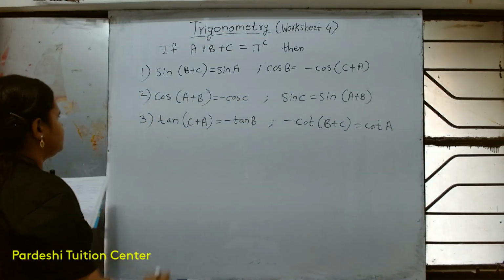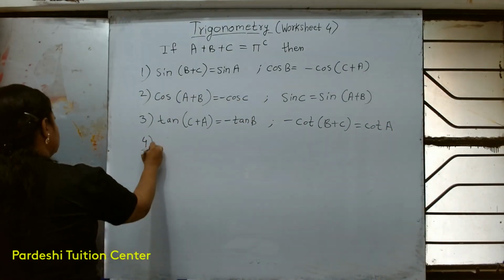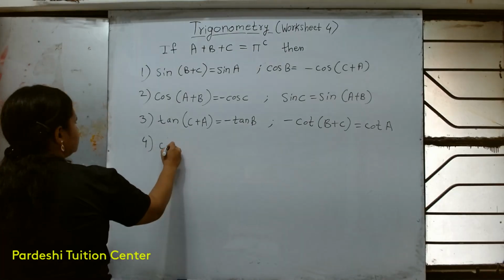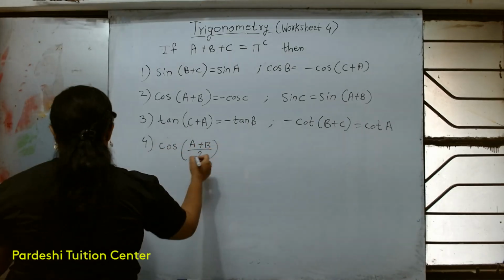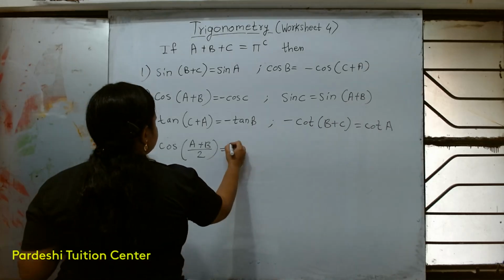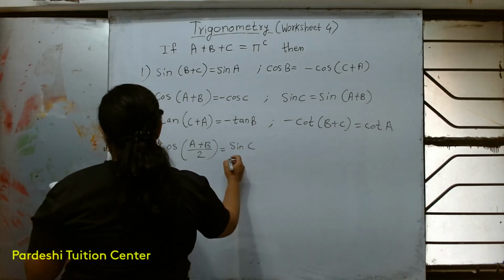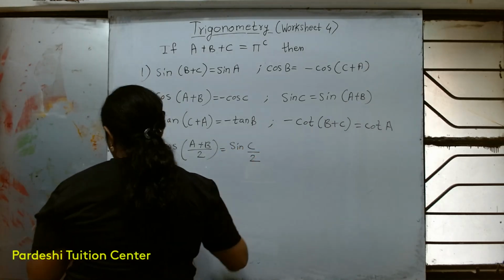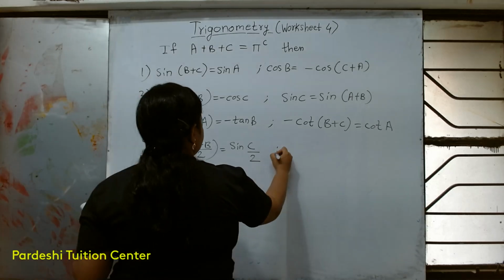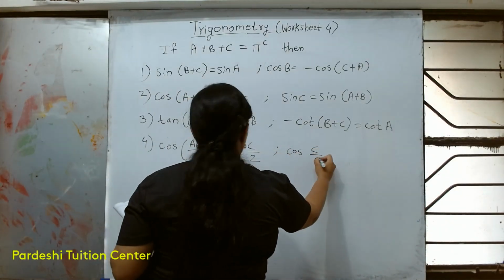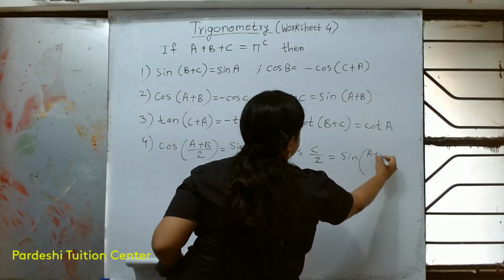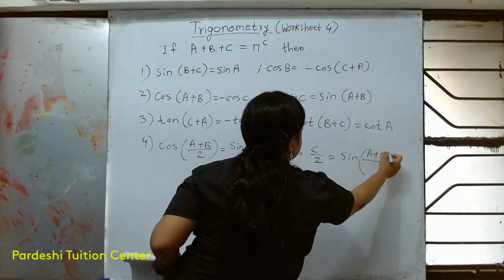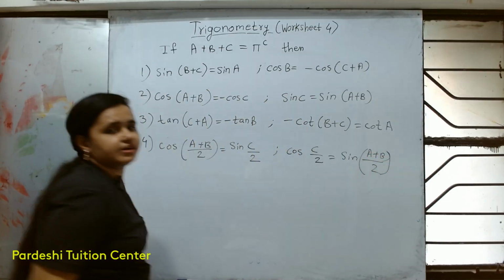Now fourth one is cos of (A plus B)/2 equals sin C/2, and cos C/2 equals sin of (A plus B)/2.